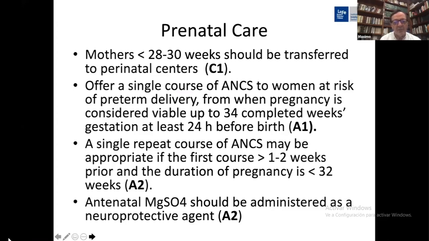If 2 weeks have passed and the baby is at less than 32 weeks and we don't have a delivery that is going to succeed rapidly, then many obstetricians are giving a second course, always with high control of development. And antenatal magnesium should be administered as a neuroprotective agent.